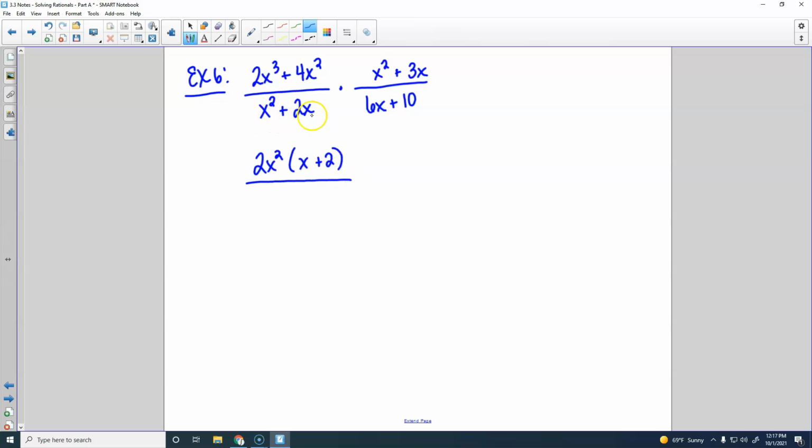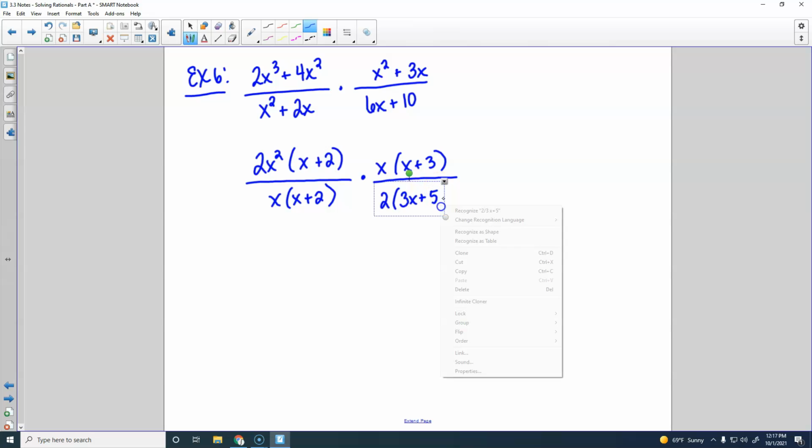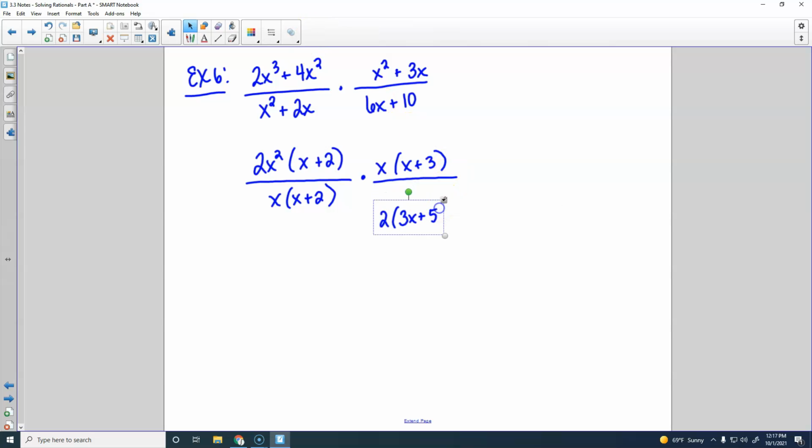I can factor an x out of this bottom part, so x times x plus 2, times, up here I can do x times x plus 3. In the bottom, I could factor out a 2. That gives me 3x plus 5. So sometimes you have greatest common factors instead of being able to factor into two binomials.